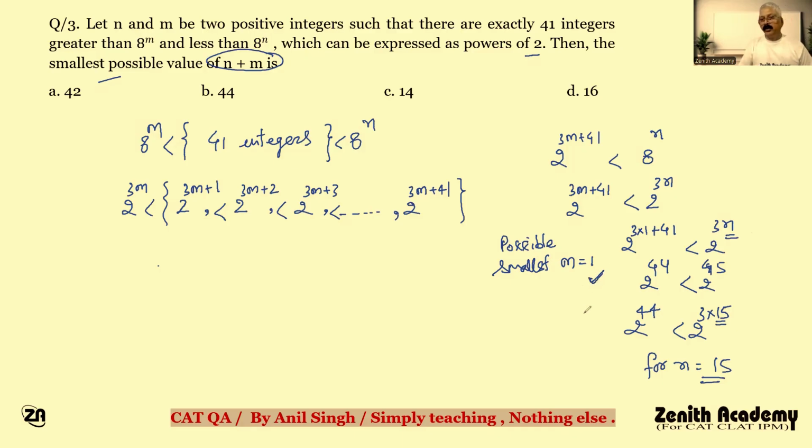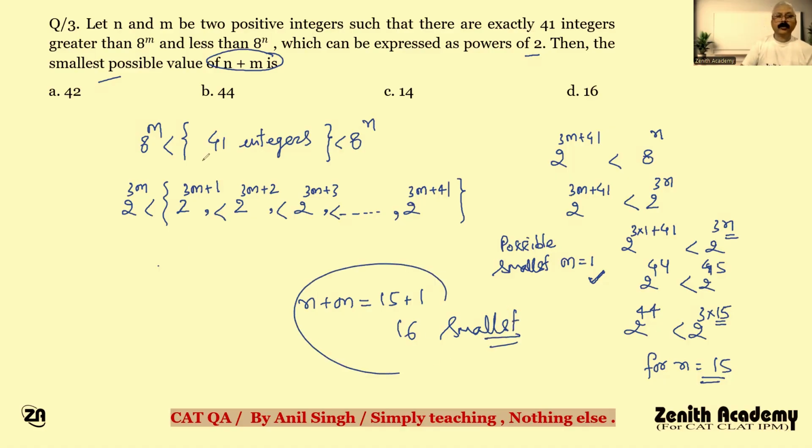And for this smallest value of m, 1, the smallest possible value of n will be 15. So now answer is n plus m, 15 plus 1, 16 is the smallest possible value. And this is the answer. Answer is 16.